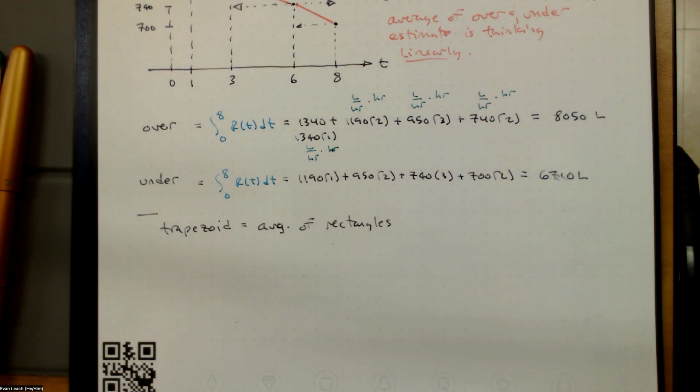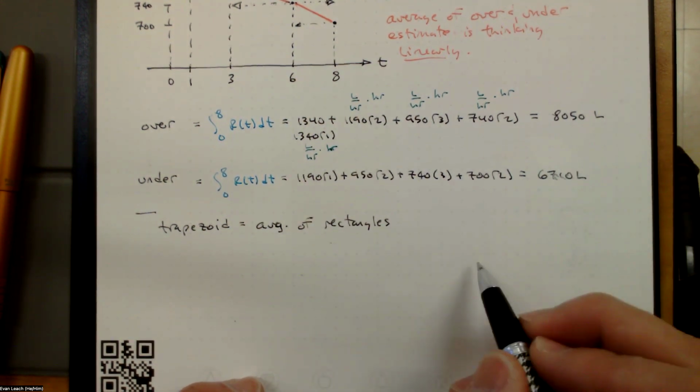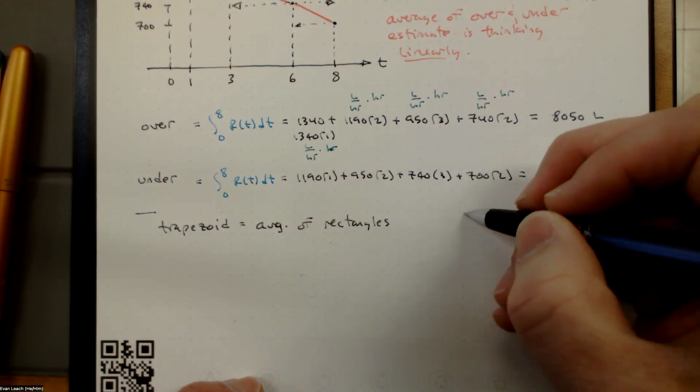The area of a trapezoid is just the average of the areas of two rectangles. So if I've got, I'm just going to draw it in the orientation that we.